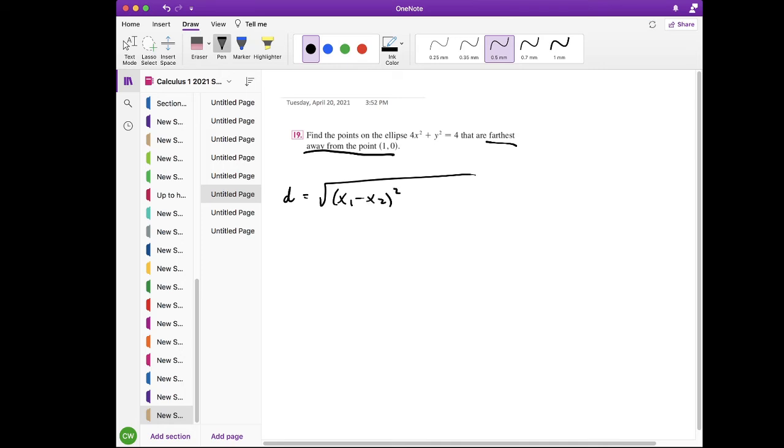So someone tell me x1, x2, etc. Start with this point. What's x1 and x2? Or sorry, what's x2 and y2? So everyone back? We're still waiting on some people.